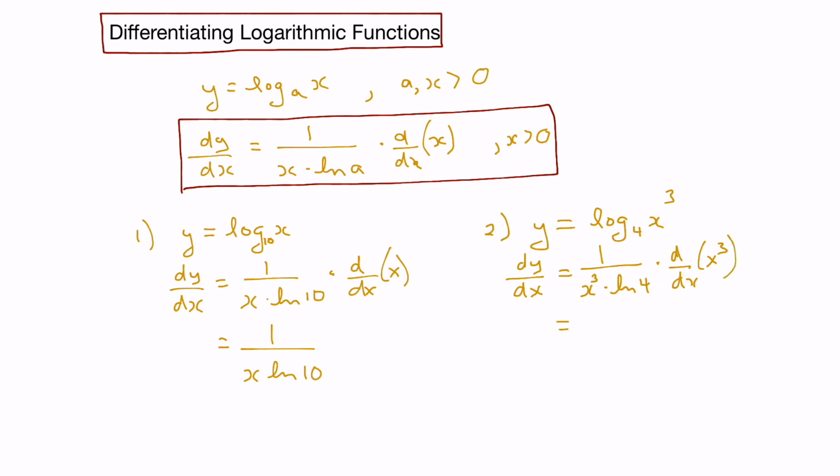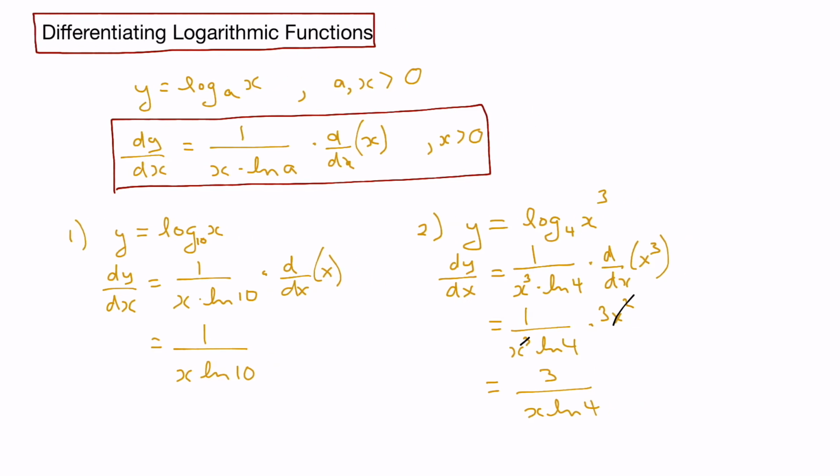So this would give us 1 over x cubed ln 4 times 3x squared, applying the power rule. We can then cancel out a couple x's there, leave 1 in the bottom, and we would end up with 3 over x ln 4.